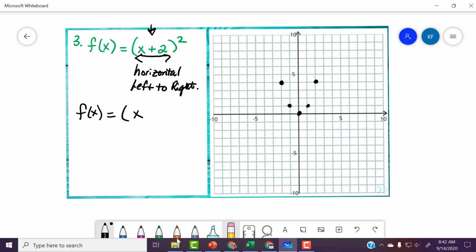And how do I get the signs? When I multiply them, I get a plus sign. Well, a negative and a negative become a positive. And so now you can see we're moving left 2. So I'm going to take all these points and move them left 2.